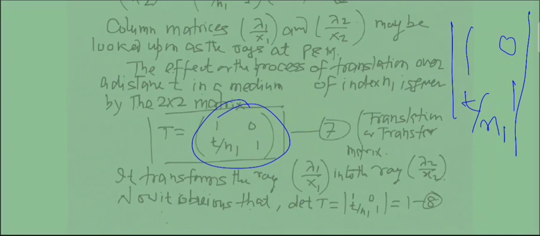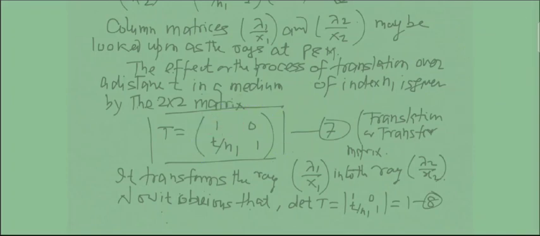When I replace these curved brackets with a vertical line on each side, it becomes a determinant. Then this multiplied by this: 1 into 1, minus this multiplied by this.